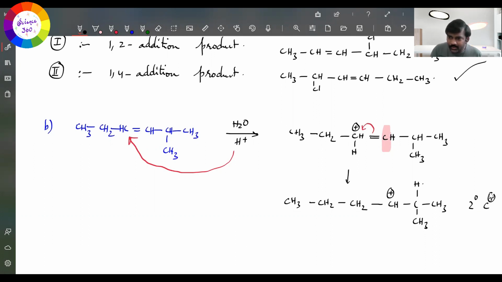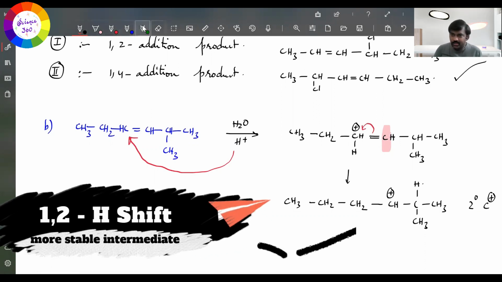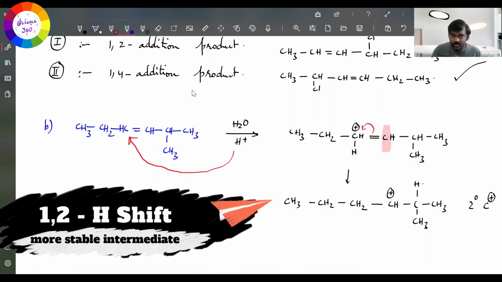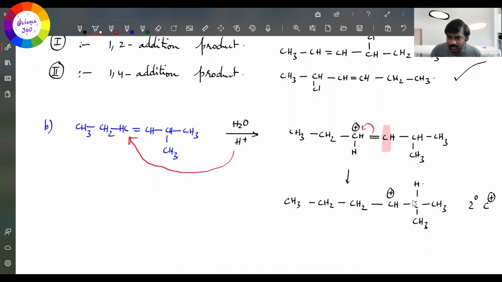But this secondary carbocation can undergo a rearrangement to give the tertiary carbocation. So what will happen here is a 1,2 hydride shift. That means this hydride, H minus ion, will move to this place and the positive charge will shift to that hydrogen's place.